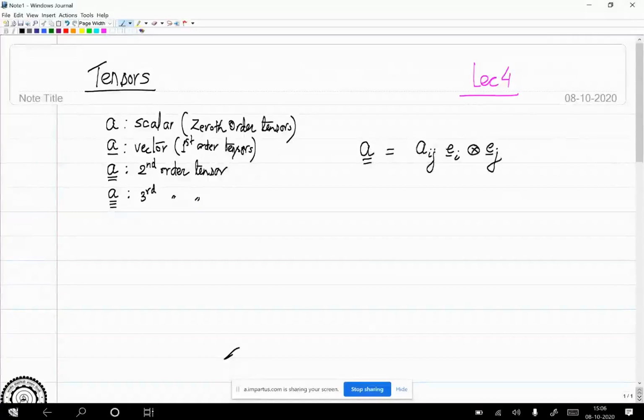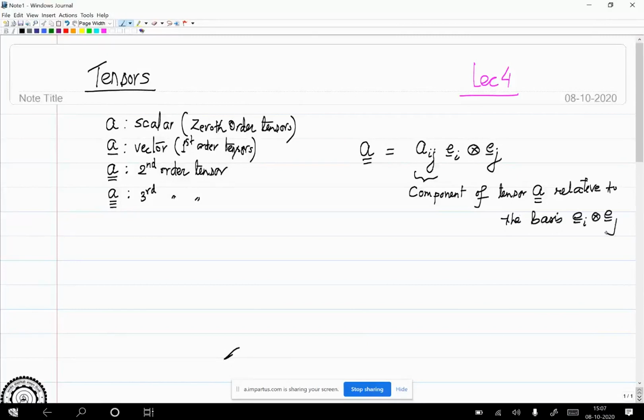Aij is called the component of tensor A relative to the basis ei tensor product ej.